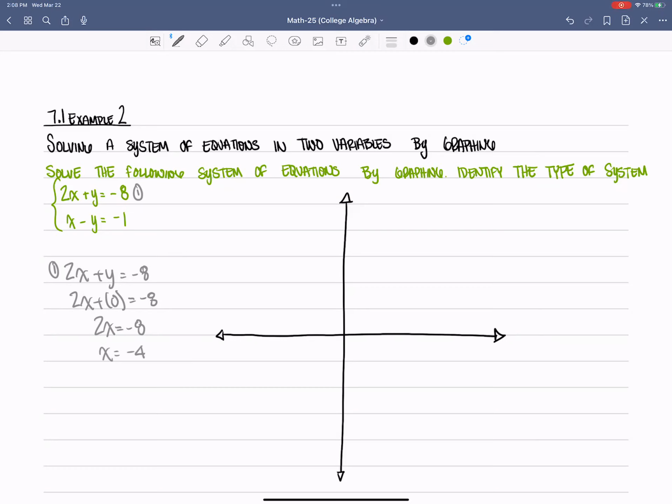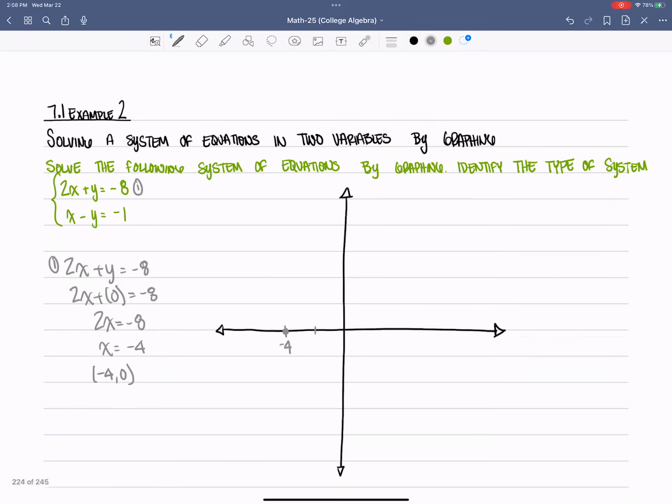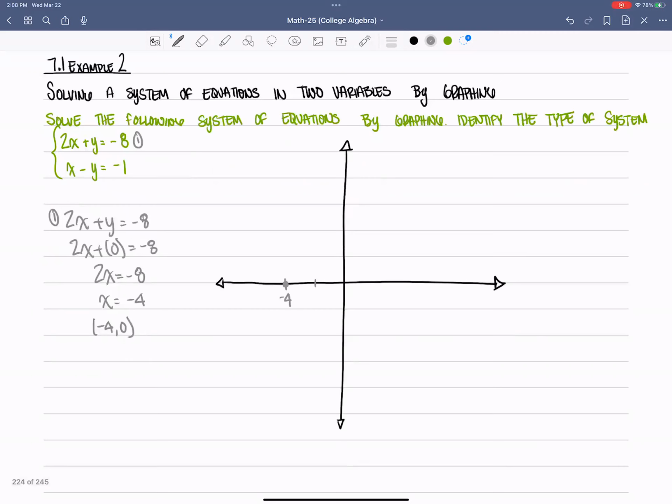This equation gave us the point -4, 0. So over here, we'll say that's 2 and 4. And now let's find our y-intercept. For our y-intercept, we're letting x equal 0. 2x plus y equals -8.